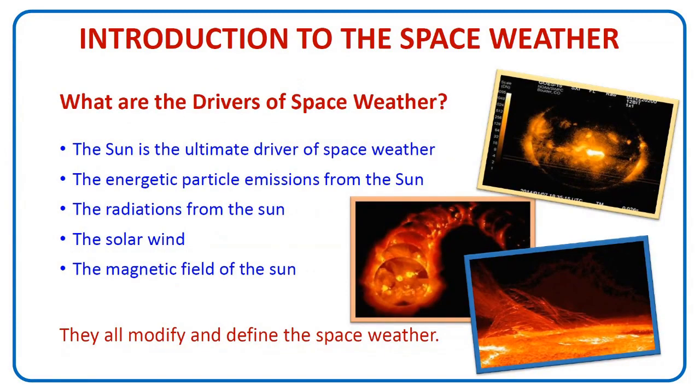If we ask what the drivers responsible for space weather are, what governs the space weather? Definitely we have come to know by now that the sun is the ultimate driver of the space weather, because it is the activity of the sun that governs what the space weather would be at the Earth, at Jupiter, or at Neptune, or anywhere over the solar system.